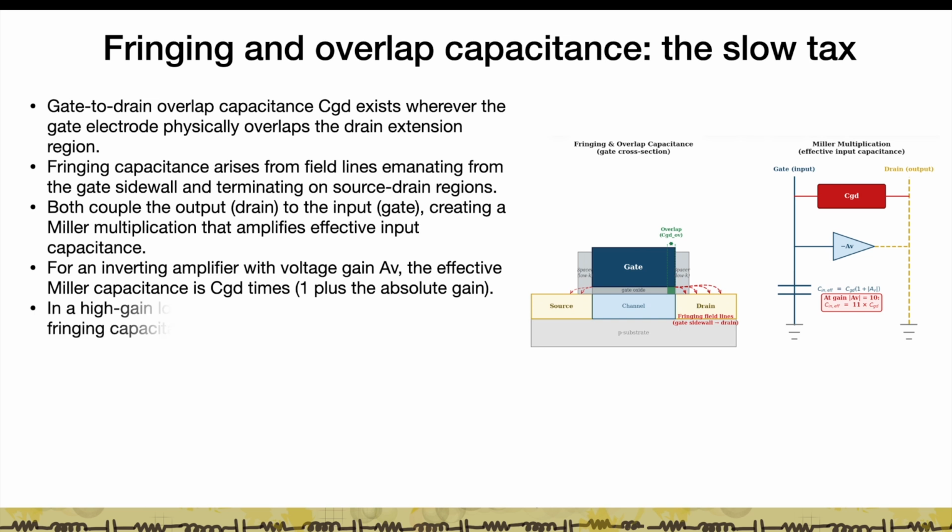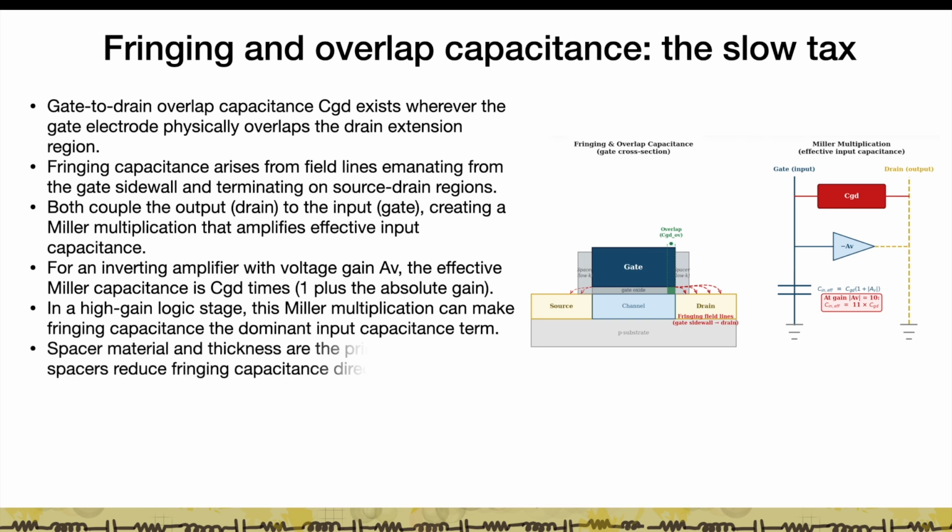Now here's what makes these capacitances dangerous beyond their physical size. Gate-to-drain capacitance, CGD, appears across an inverting gain stage. The Miller effect multiplies its effective value at the input by 1 plus the magnitude of the voltage gain. For a logic inverter with a gain of 5, CGD looks like 6 times CGD at the input, CGD times 1 plus the gain.